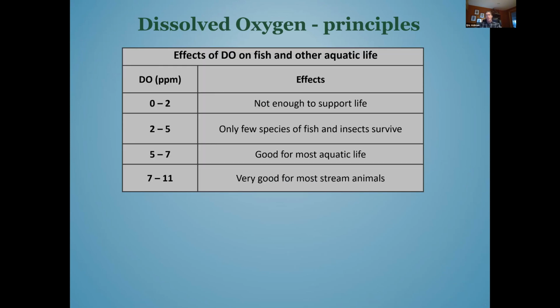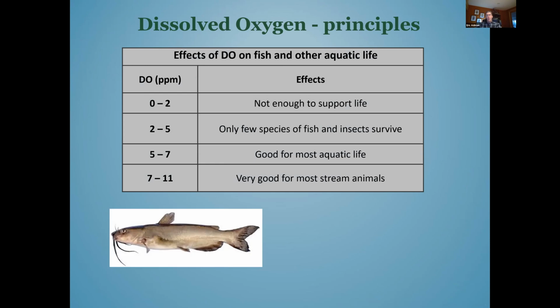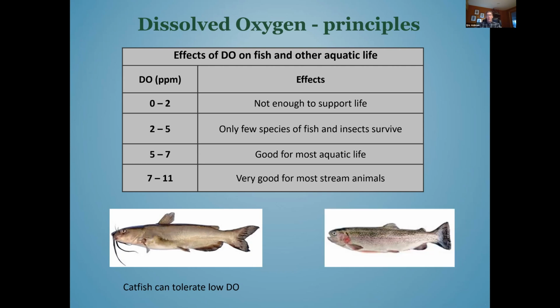There's a scale for different types of creatures that need different levels of dissolved oxygen. Typically fish that are more adapted to warmer water are used to a lower level of dissolved oxygen, and so they can tolerate that. But trout and other salmonids that are adapted to cold water need a higher level of dissolved oxygen.